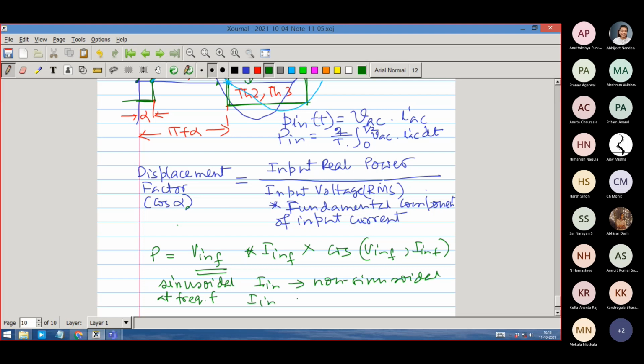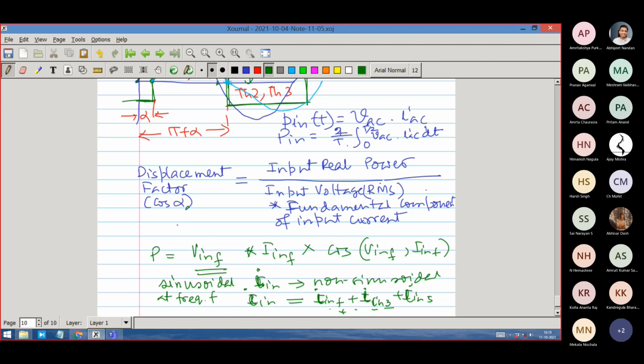I can divide I in into the fundamental component and all the other harmonic components, maybe third, plus fifth, and so on. To be mathematically correct, I should use small i in, since capital means the RMS component.